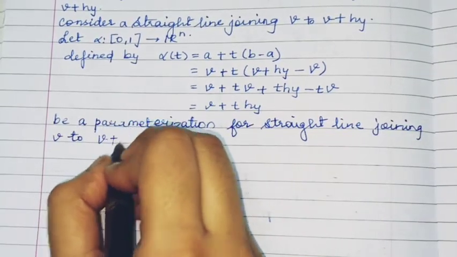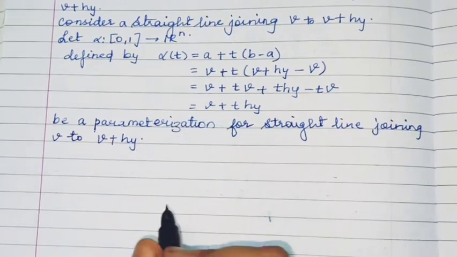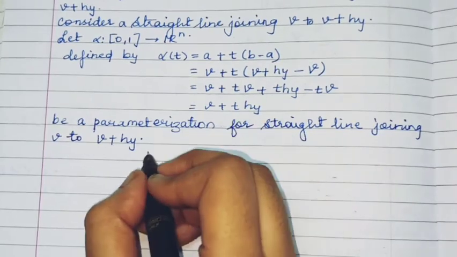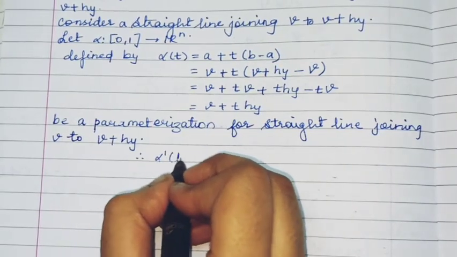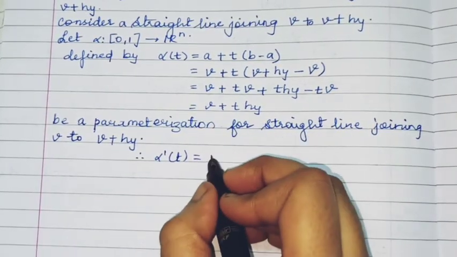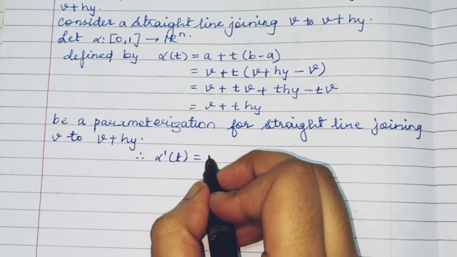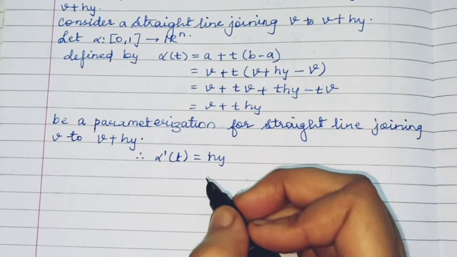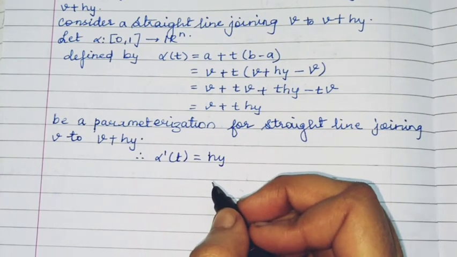So now we have found the value for alpha of t. We will find the value for alpha dash of t, because that is what we need to find the line integral for the conservative vector field F. So from alpha of t we get alpha dash of t. v is a constant, so 0, and the derivative of thy gives us hy.